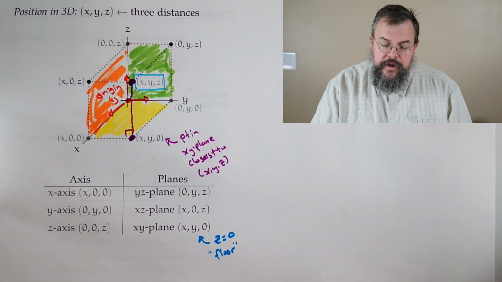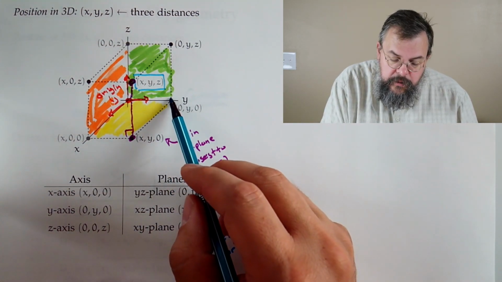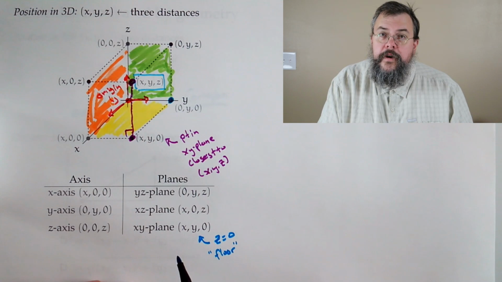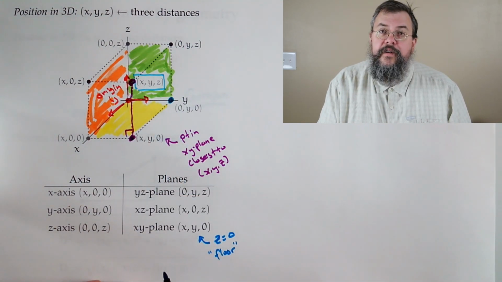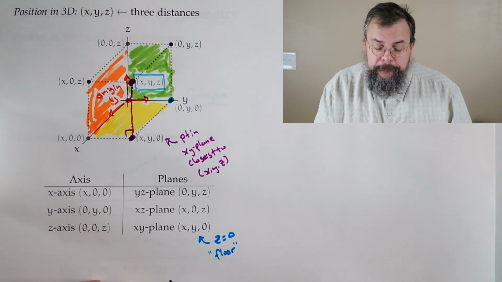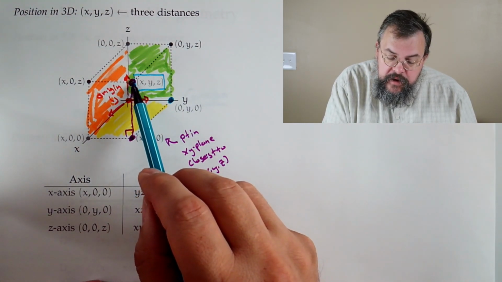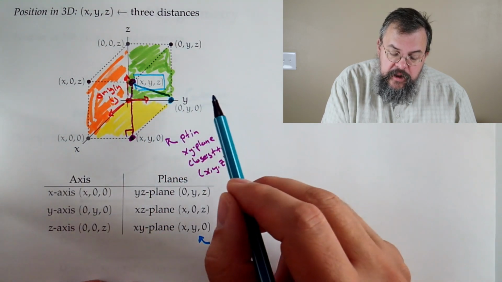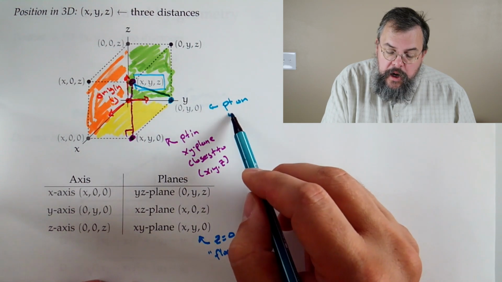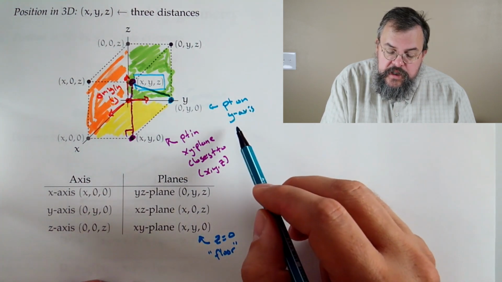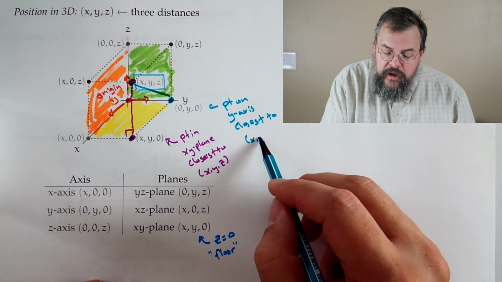All right, well, now what? Suppose I were to look, say, at this point, 0, y, 0. What can I say is special about this point in relationship to x, y, z? Okay. Well, in this case, this is the point on the y-axis which is closest to x, y, z.